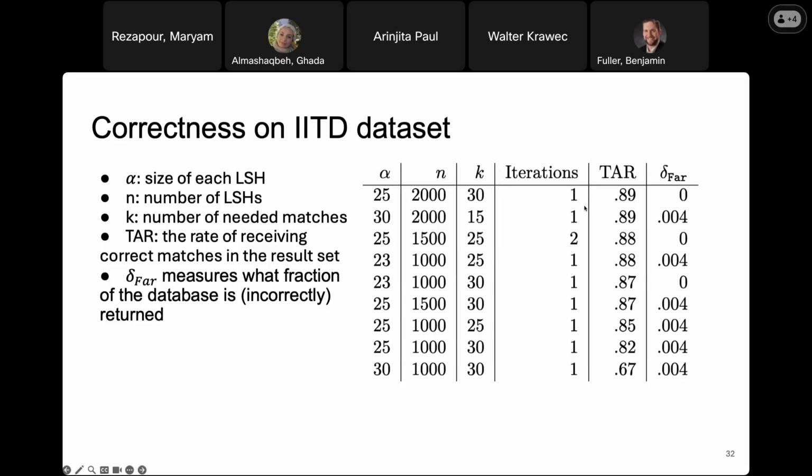And the setup would succeed in just one iteration, because we set the constraint that if setup fails, we continue running it until the setup succeeds and we can continue doing the search. In that case, we had an 89% true accept rate with 0 delta var. And delta var measures what fraction of the database is incorrectly returned.